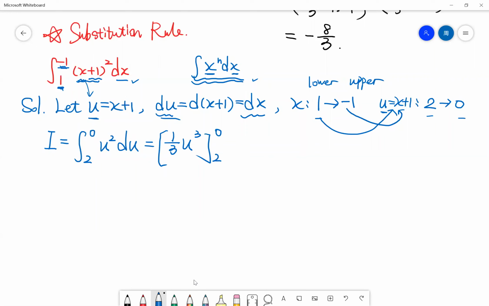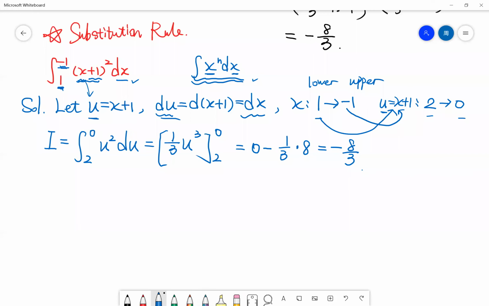And that equals, we first substitute 0 into this function, so that is 0. And then we substitute 2 into this function, that is 1/3 times 2 power 3, so means 8. So we can get -8/3 easily, right?